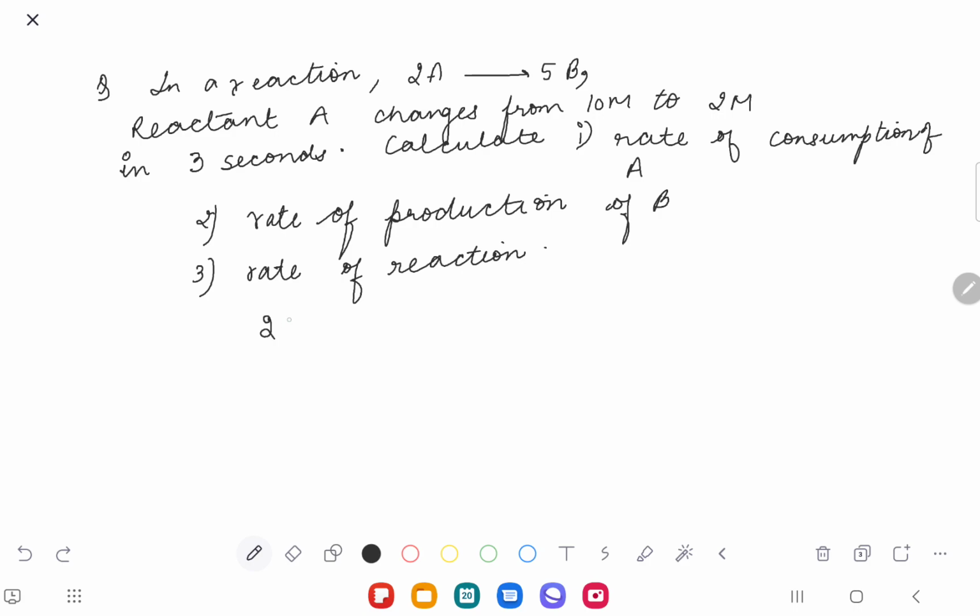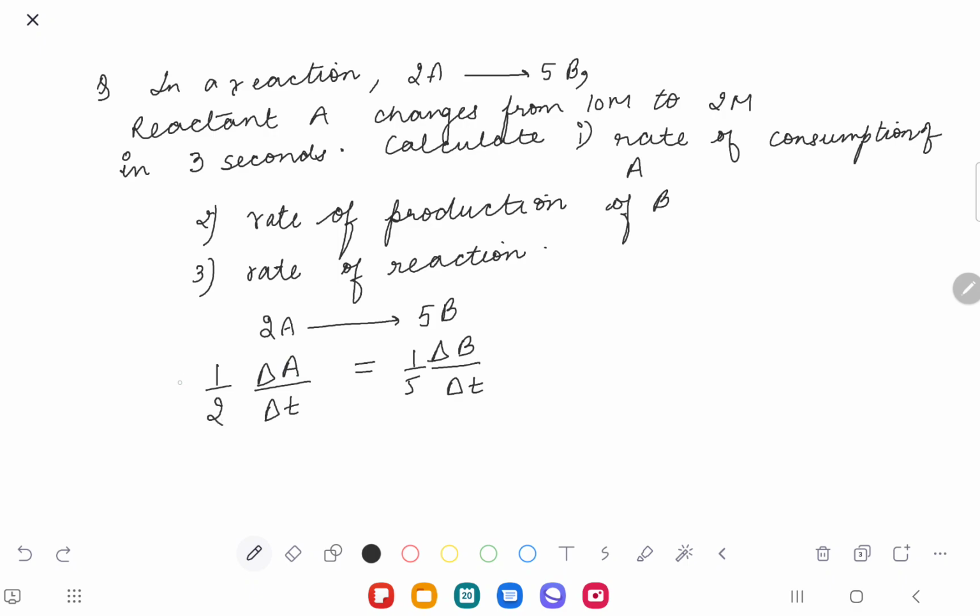So for this particular reaction, Shruti, what do you think you can do? Could you write down 2A gives me 5B? Rate of consumption of A would be delta A over delta T and delta B over delta T. And you know that they're not equal, but if I divide it with 5, then they become equal.